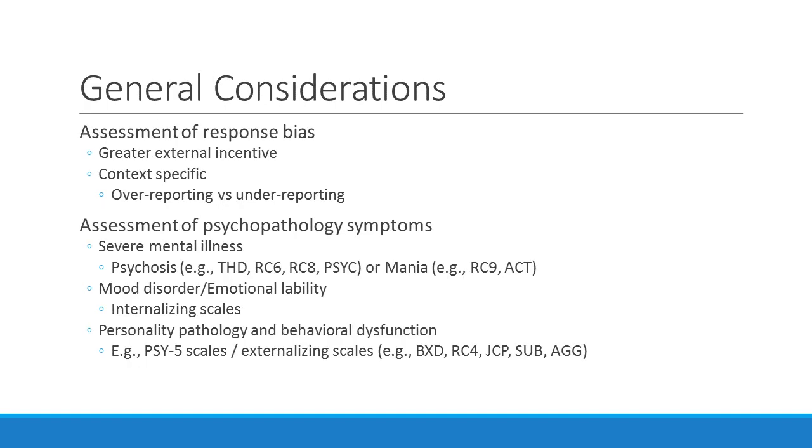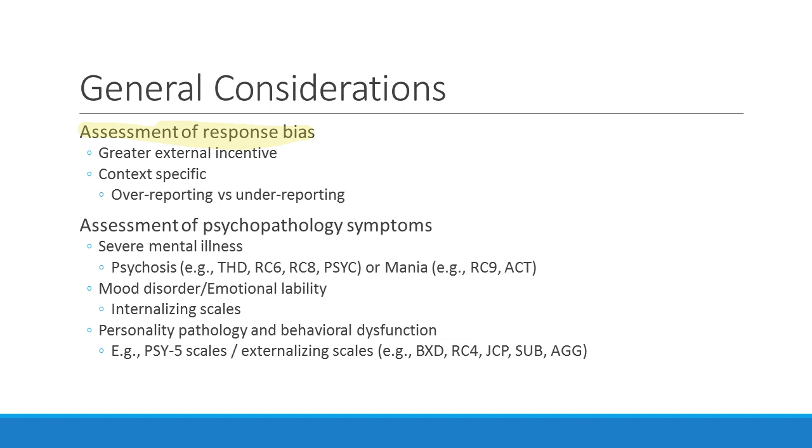So starting out, though, with some general considerations that pertain to all types of forensic evaluations. There are two areas in which the MMPI-2-RF is quite important and can yield very useful information. The first is the assessment of response bias.